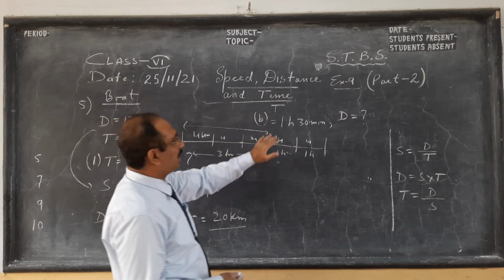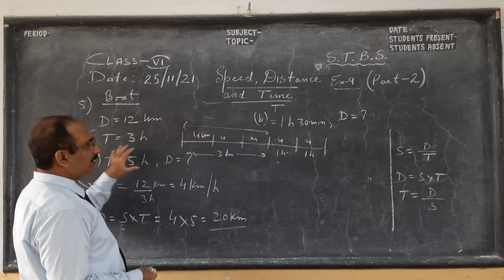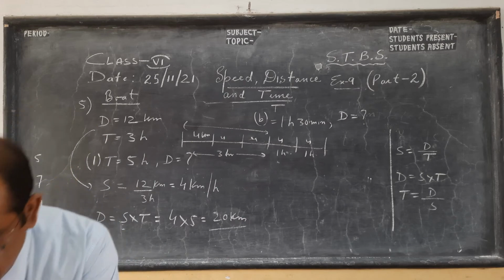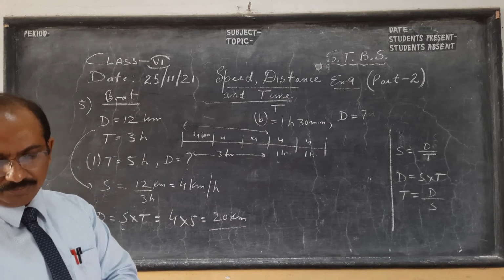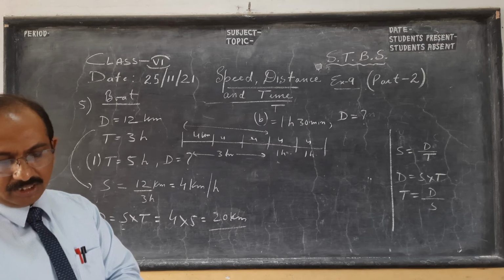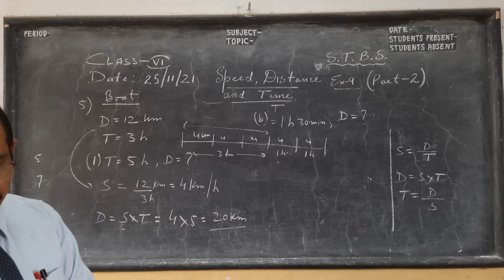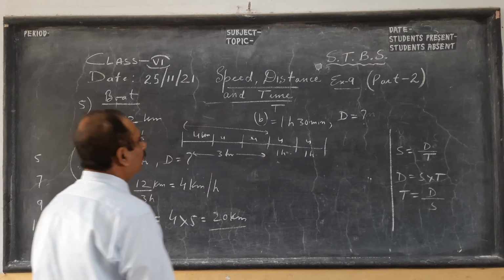The next part is very nice. How much distance will it travel? First, time was given and you had to find the distance for 5 hours, and the second part of the question asks how much it will travel in 1 hour 30 minutes. What will be the distance covered? So both questions are about finding distance.